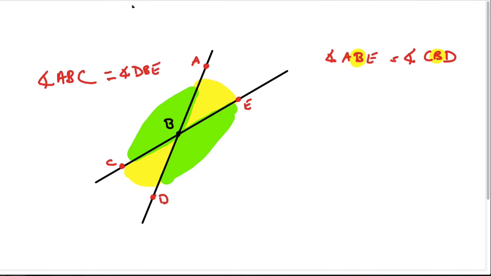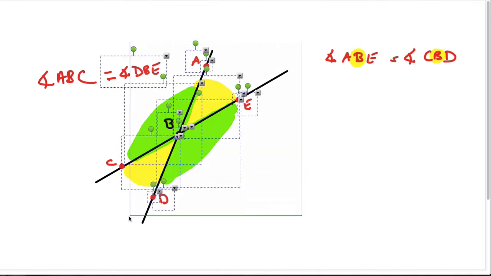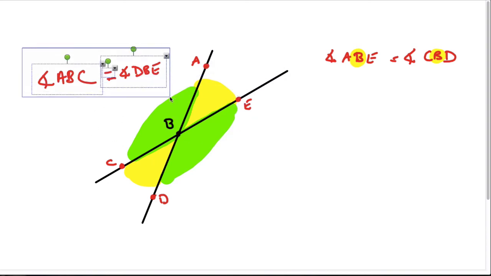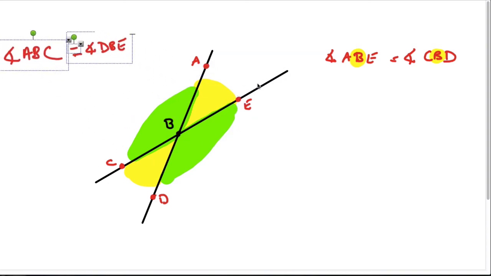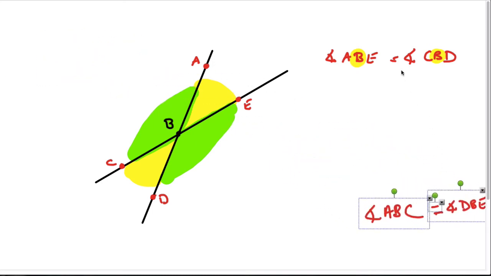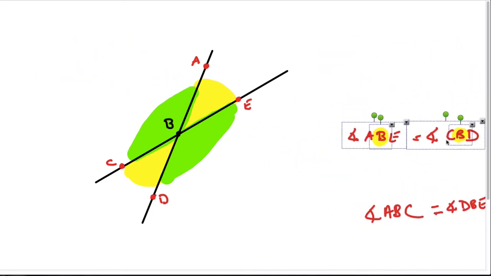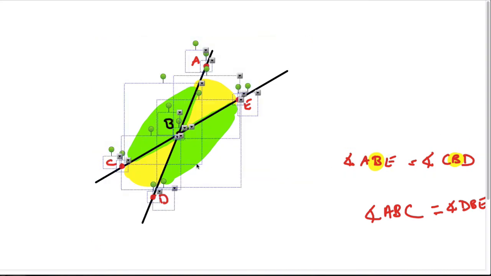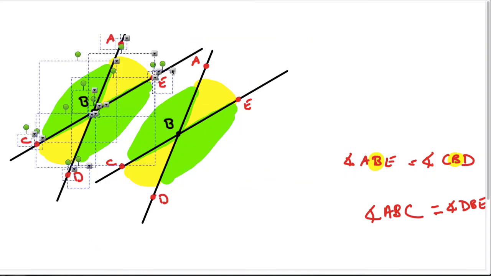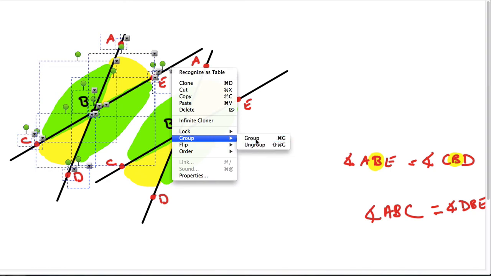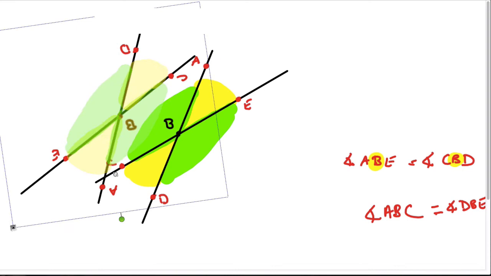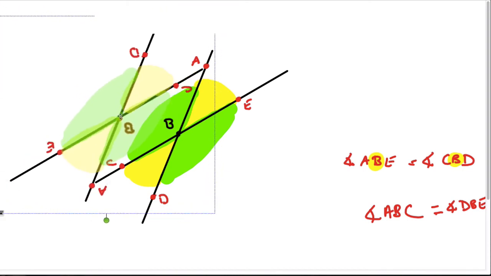I'm going to copy this drawing. So let's copy. Let's move this out of the way. Let's move it down here, and let's copy this here, paste it, and now let's rotate the whole thing. So first let me group the whole thing and rotate it like this, so that it's completely opposite to what it was before.